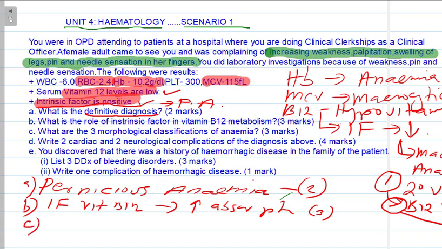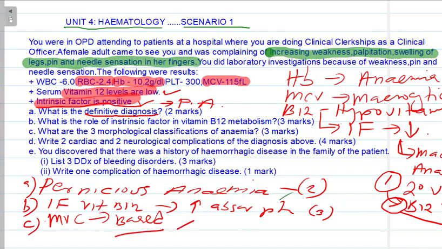What are the 3 morphological classifications of anemia? Whenever we hear about morphological classifications, it means that we are talking about MCV, mean cell volume.